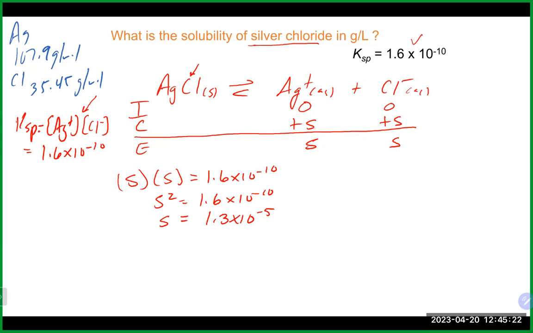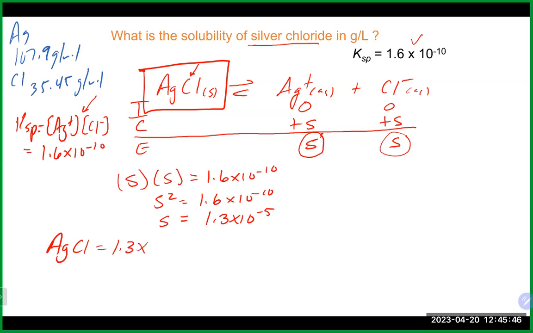That, by the way, is the molar solubility, or concentration of silver ions in that solution, right? This is also the concentration of the chloride ions in that solution. And this is also the molar solubility of our silver chloride as well. The whole thing would also be 1.3 times 10 to the minus 5 molar.